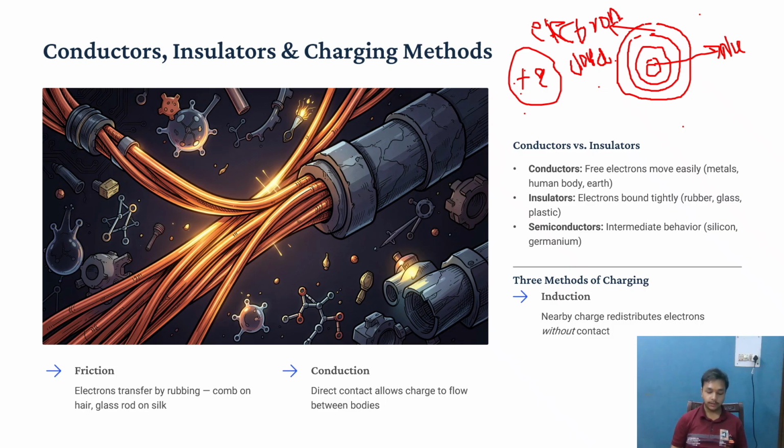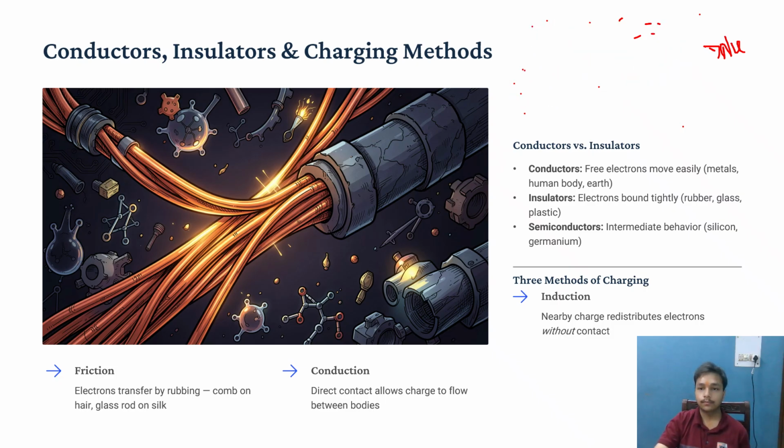When a point charge is brought close to an atom, it will attract the electron cloud of the atom and repel the nucleus, due to which the electron cloud gets distorted in some random shape. I'll just draw that shape, just allow me a moment. So this is a very random shape.